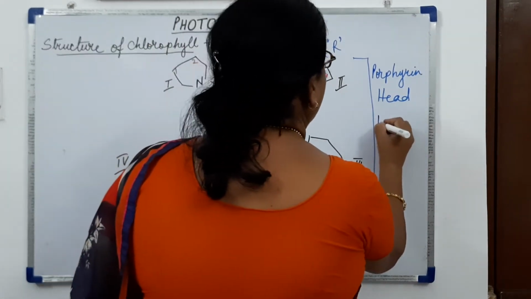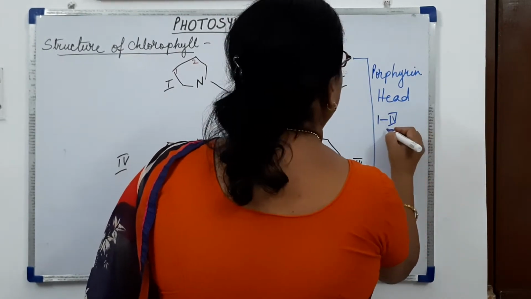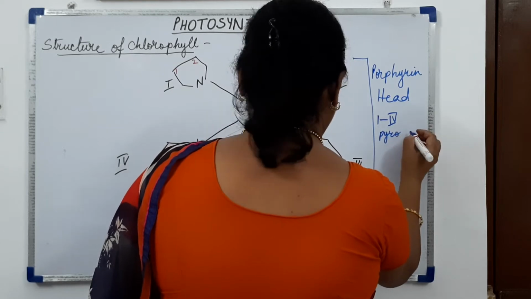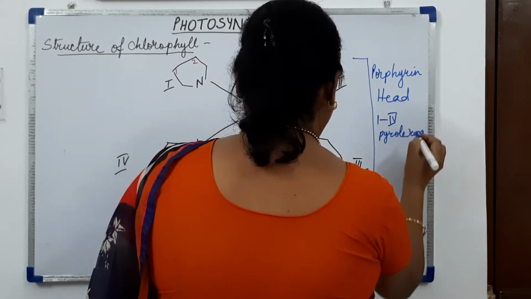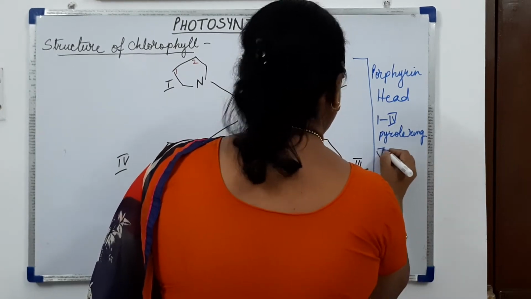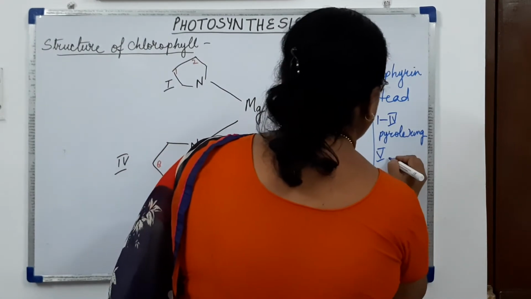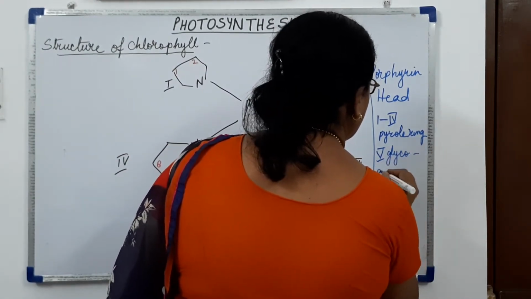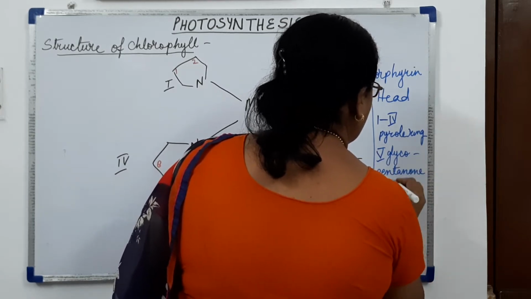In which 1 to 4 is the pyrrole ring, and the fifth one is the cyclopentanone ring.